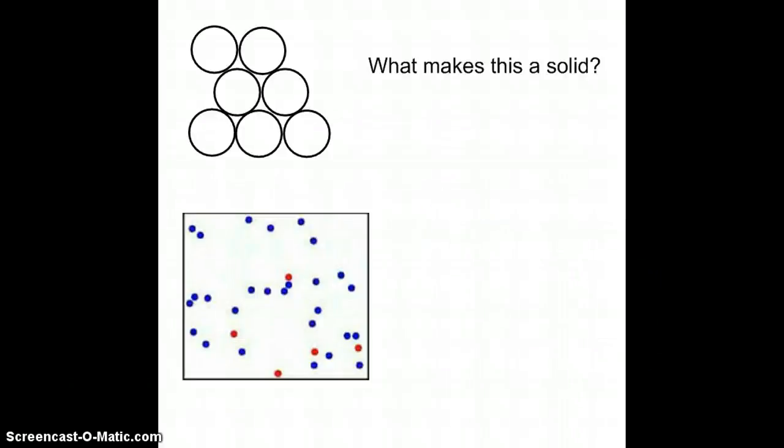So let's talk about states of matter. Before we answer the question, what makes this a solid, I think it's important to realize that molecules are always moving. These spheres aren't just stationary, they're always wiggling back and forth. How do we know this?